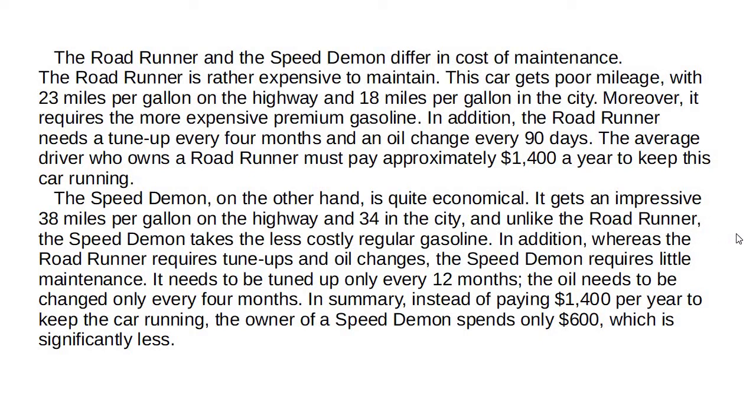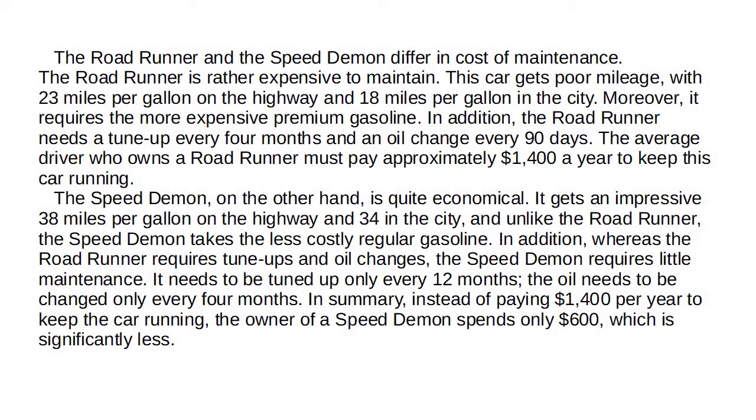In addition, whereas the Roadrunner requires tune-ups and oil changes, the Speed Demon requires little maintenance. Whereas here introduces an opposite idea, a contrast. It needs to be tuned up only every 12 months. The oil needs to be changed only every 4 months.